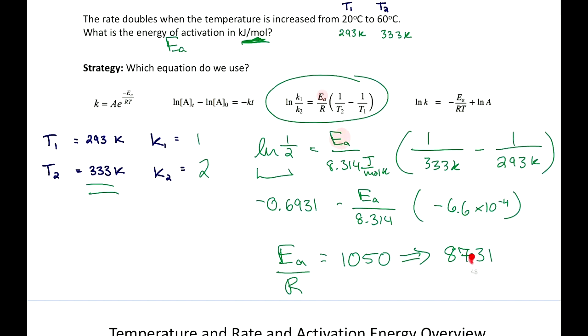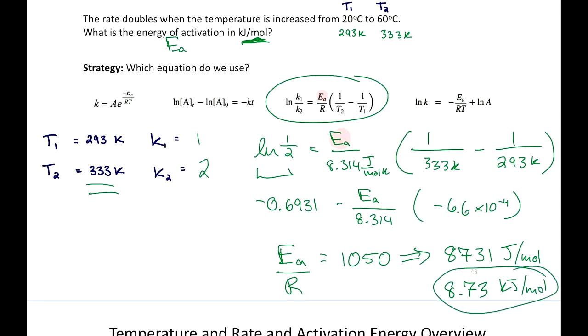All right, so that means that this reaction's activation energy is about 9,000 joules per mole, but typically we talk about activation energies in terms of kilojoules per mole, so it's 8.73 kilojoules per mole, with 3 sig figs.